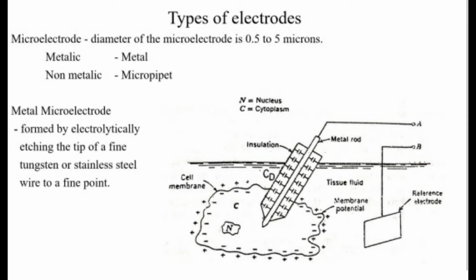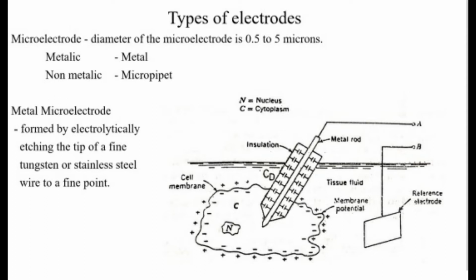Microelectrodes. The microelectrodes are divided into metallic and non-metallic. The microelectrodes should have a smaller diameter, so that during insertion of the electrode into the cell, there will not be any damage to the cells. When a microelectrode is used to measure the potential of the cell, it is located within the cell, while the reference electrode is situated outside the cell.